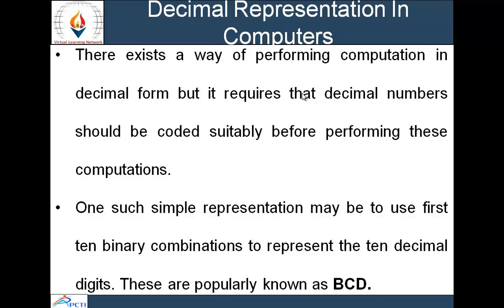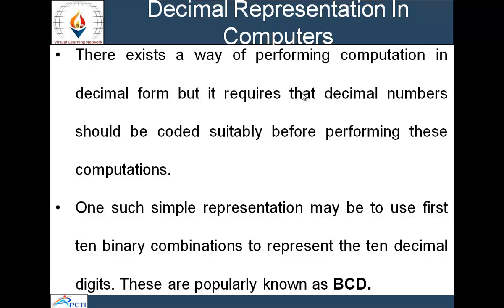The binary number system is most natural for a computer because of the two stable states of its components. But unfortunately, this is not a very natural system for us as we work with the decimal number system.